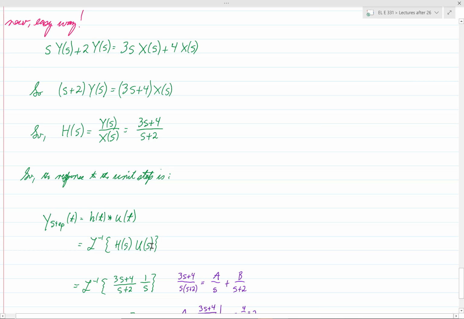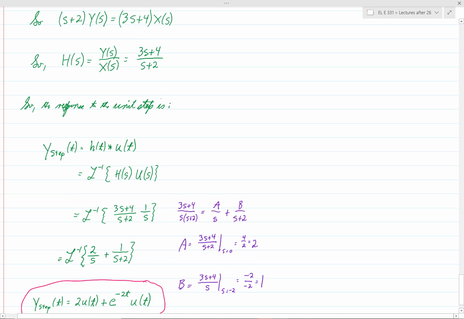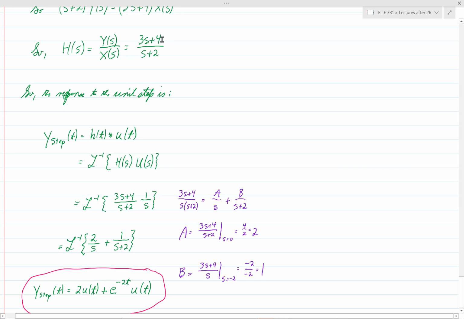So we have H(s) times U(s). H(s), we've just concluded, is (3s plus 4) over (s plus 2). U(s), we know from the table, is 1 over s. When we multiply that together, it is (3s plus 4) over s times (s plus 2).